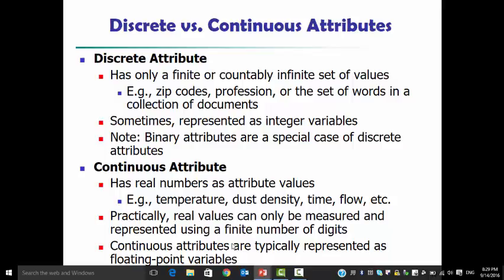If we measure dust density using a sensor in this classroom, then we cannot say a fixed number. It varies all the time, right? Why? Because it's a flow of the air.